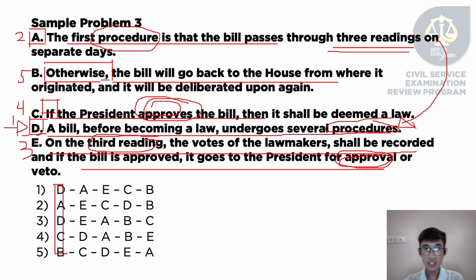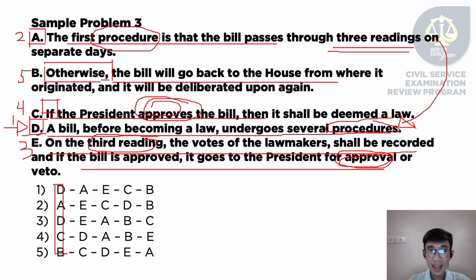So, sumunod yung usapang approval ng bill. So, logically, or chronologically speaking, C can follow letter E. Kasi it makes sense. Diba? It talked about approval in sentence number 3, and it expounded about that approval on number 4, on letter C. So, it just really makes sense.